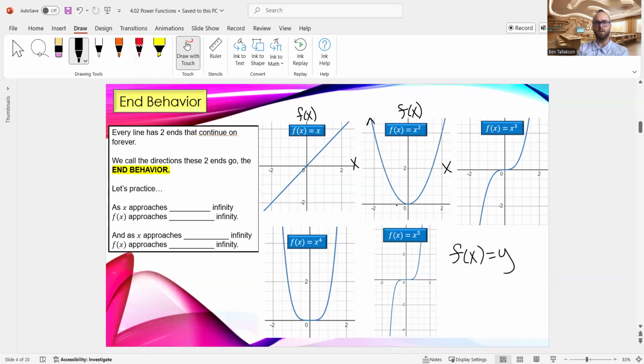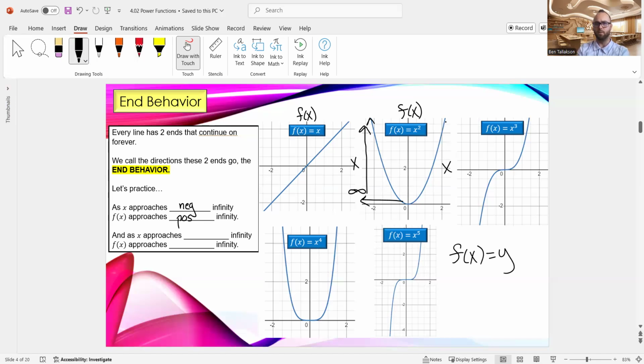Basically on the x-axis, is this arrow moving to the left or to the right? Well, we can see it's moving up and to the left. So that's towards negative infinity on the x-axis. So as x approaches negative infinity, does the line go up or down? Well, we can see it goes up. So f of x approaches positive infinity.